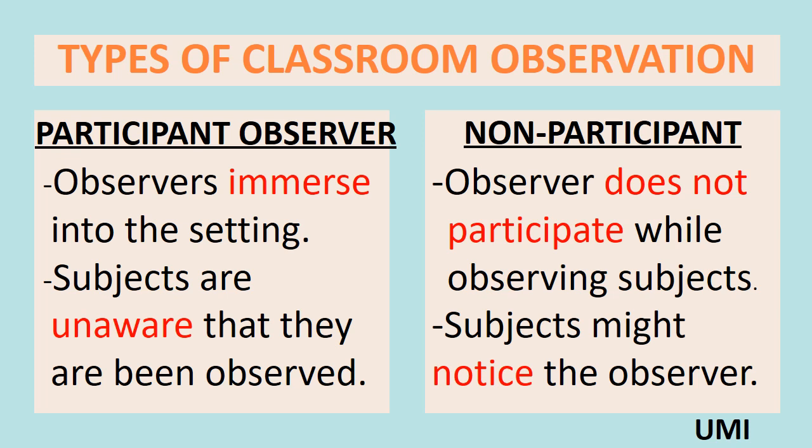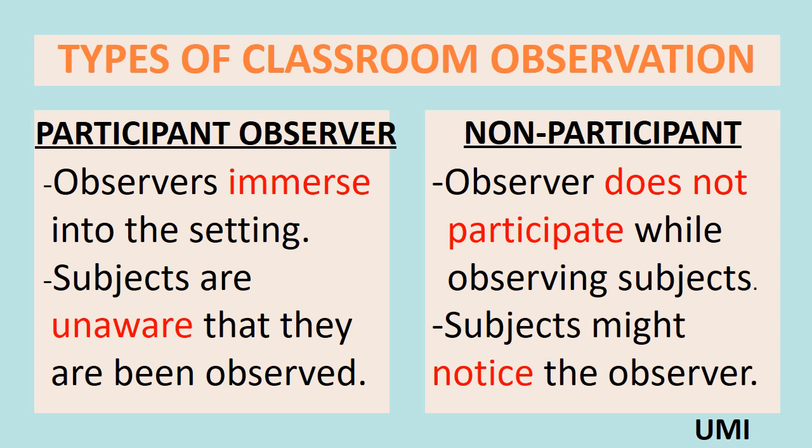The second one is non-participant observer. It occurs when the observer observes the students without actively participating in the classroom activity. In this context, the observer only plays the vital role of the observer, which means that they only observe in order to collect the data.